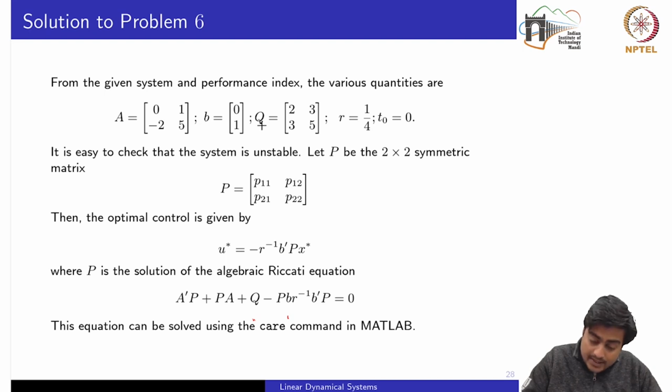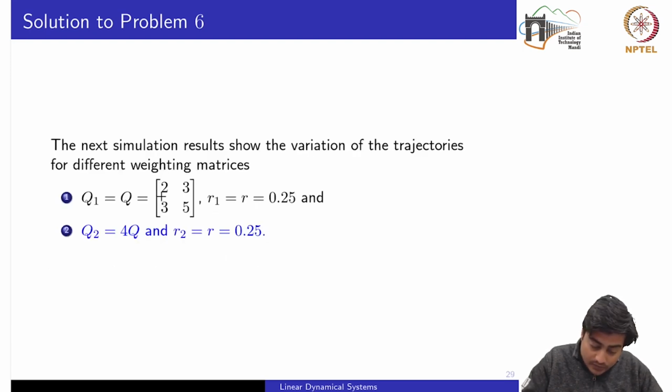What we can see is the behavior of the closed loop system with respect to Q and R, which are the state and the input weighing matrices. So we consider two cases. In the first case, we denote it by Q1, which is the given one, and R1 as 0.25, which is 1 by 4. Okay, in the second case, we take Q2 as 4 times Q, and we keep R2 equal to R.